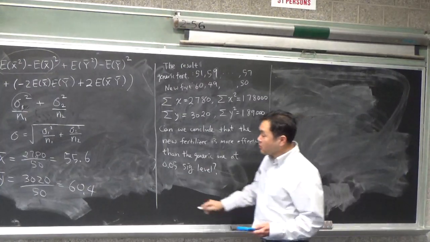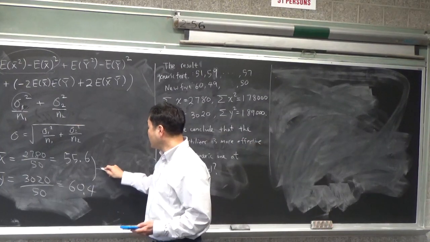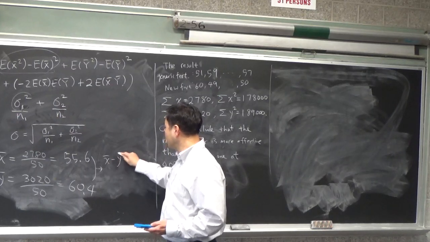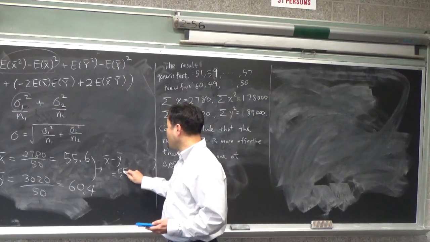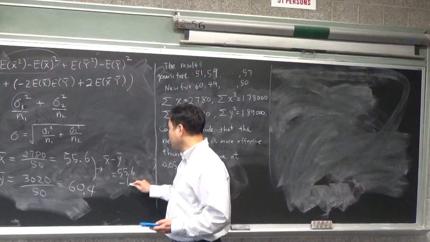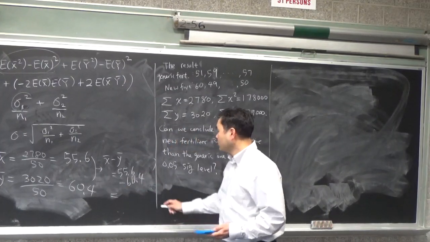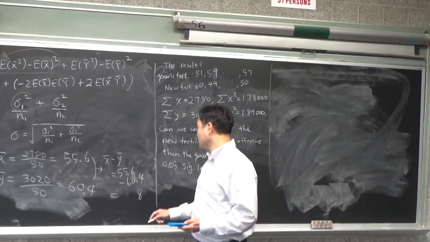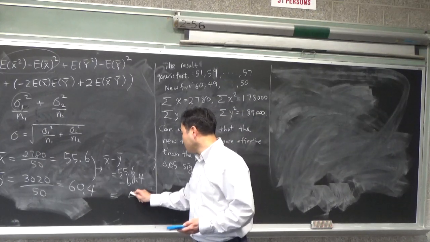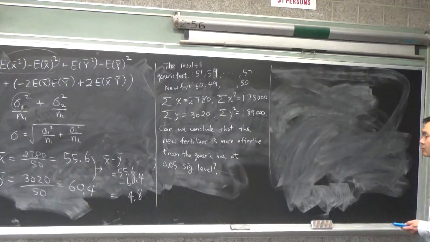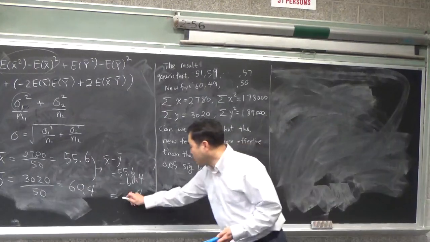And that tells us that x bar minus y bar is 55.6 minus 60.4, which is negative 4.8.